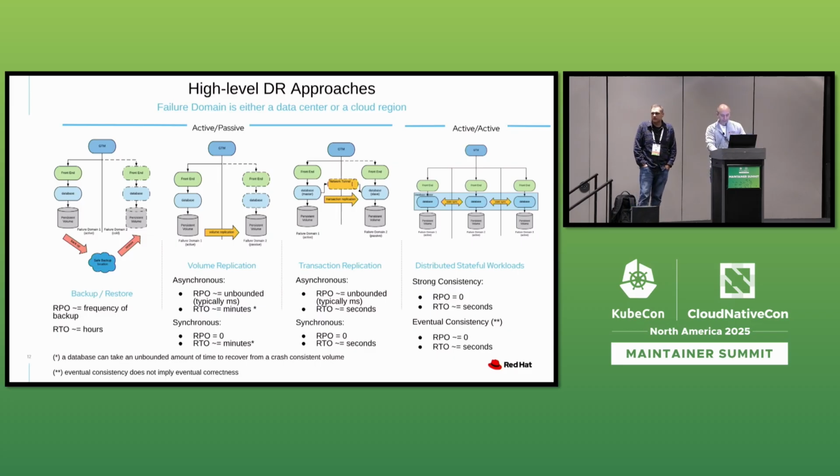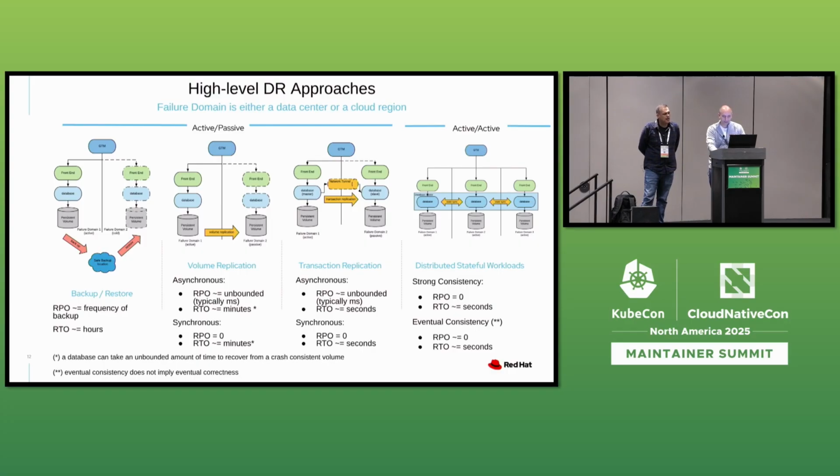Before we get there, putting these archetypes all on the same chart, we can see that the first two are very much storage oriented, right? They require capabilities from storage. One is backup and restore, the other is volume replication. The next two on the right are more networking oriented, and they both require some sort of east-west communication, right?